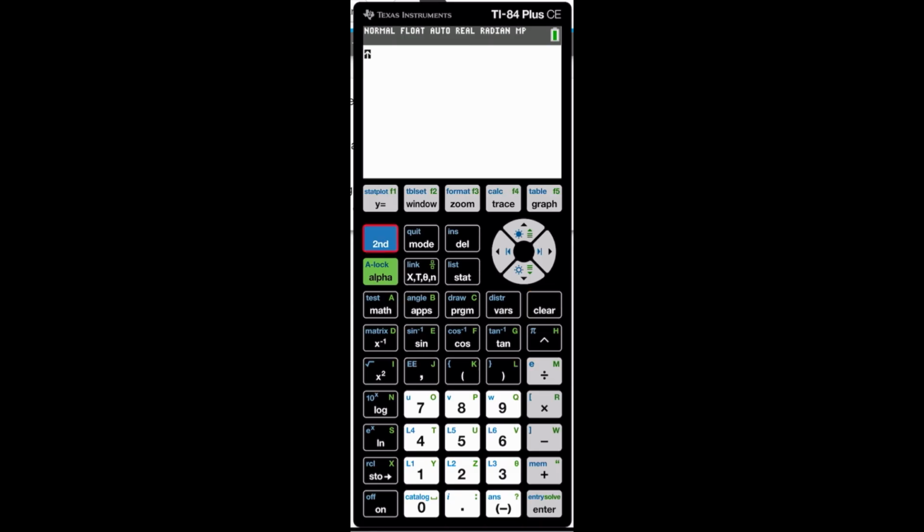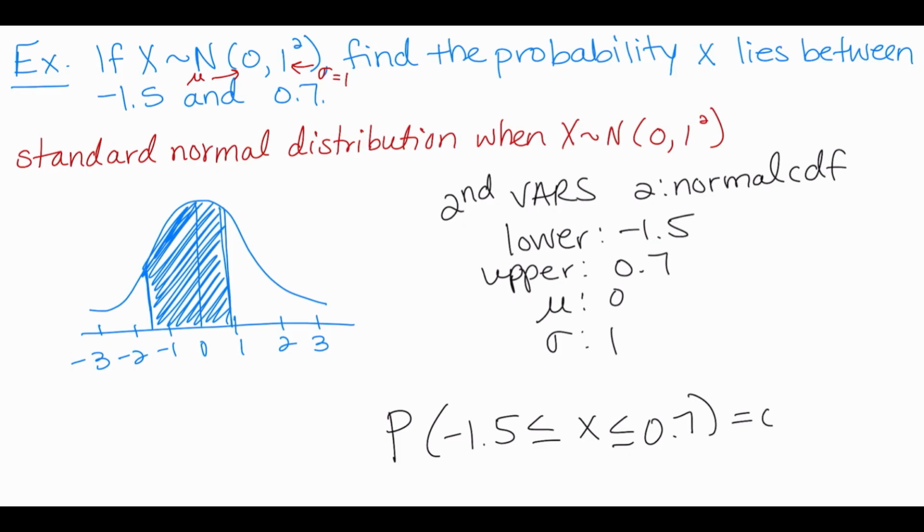So in the calculator, I go second vars, option 2, normal CDF, and I'm going to be entering my lower bound as -1.5, my upper bound as +0.7. My mean is 0, my standard deviation is 1 because this is the standard normal distribution. I press paste and enter, and my answer is 0.691 approximately. So that means that the probability that x lies between -1.5 and 0.7 is approximately 0.691.